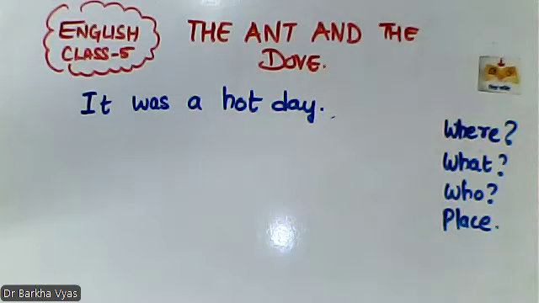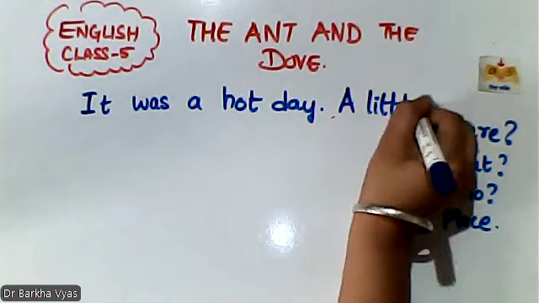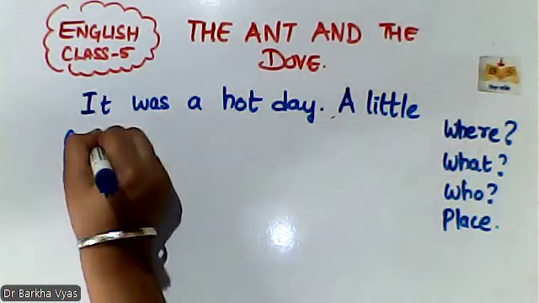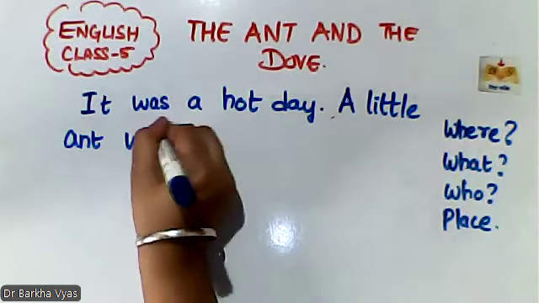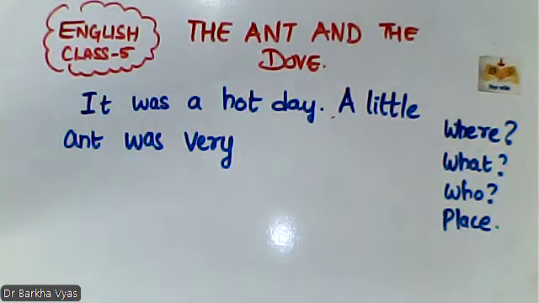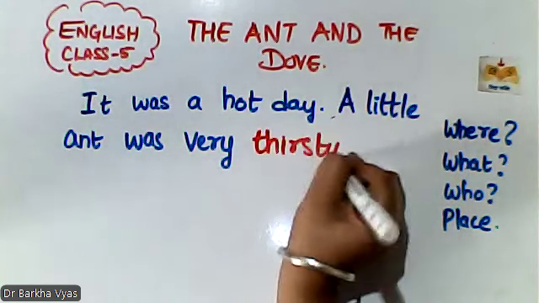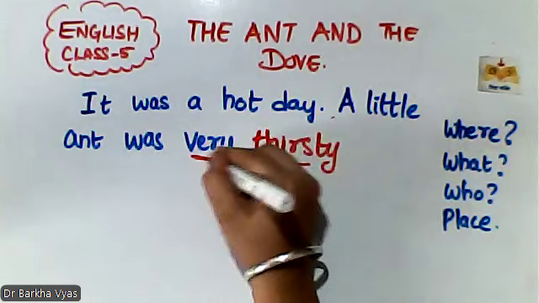तो अभी हमें क्या करना है? हमें हमारे कैरेक्टर को इंट्रोड्यूस करना है। So what are they doing here? They are telling a little ant, a little ant was very thirsty. What does thirsty mean? Very का अर्थ क्या है बच्चों?